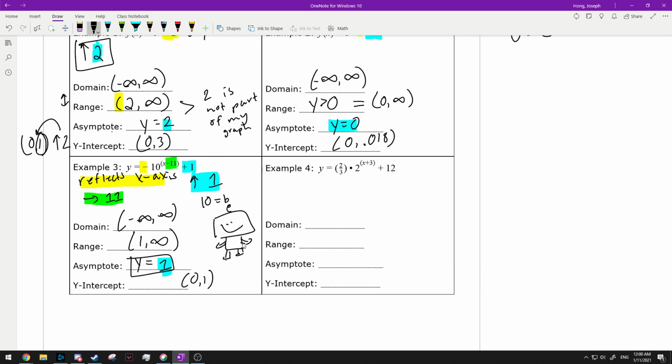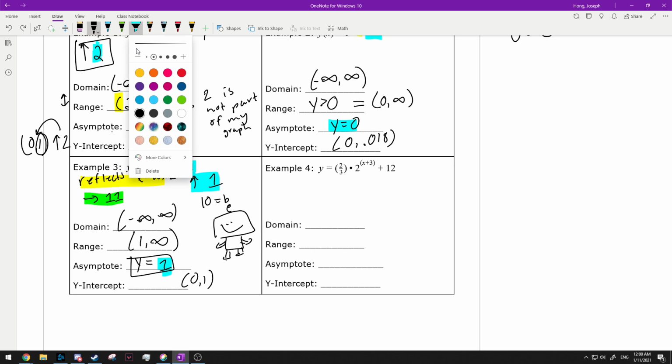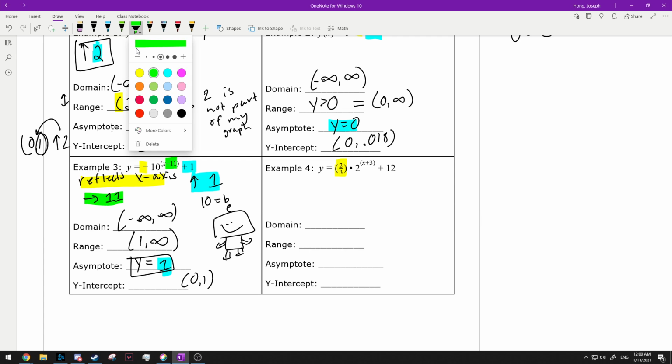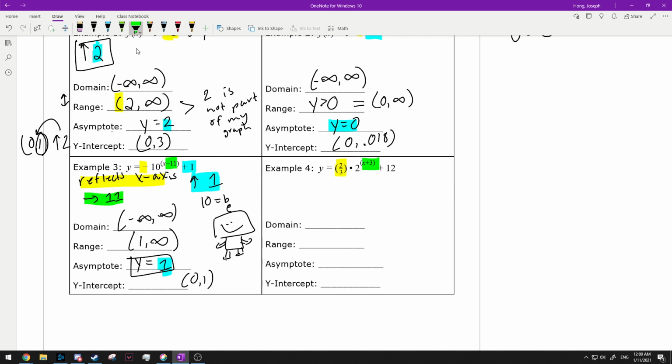So try out number 4. The biggest takeaway of today is being able to do this part right here where you list out the transformations. Let me give you a little hint. You should have 1, 2, 3 transformations.